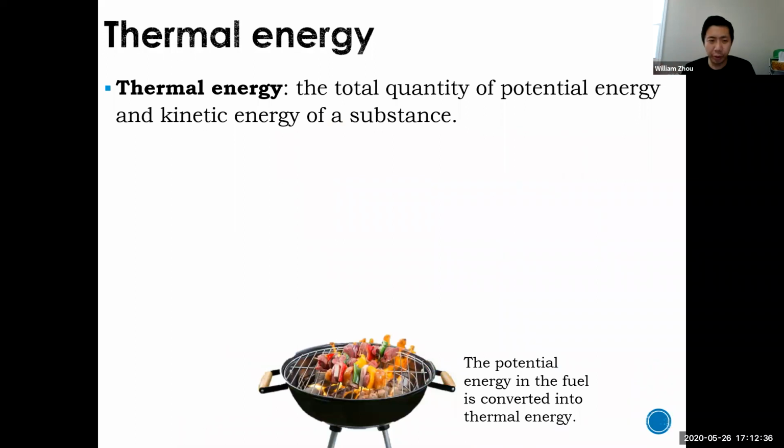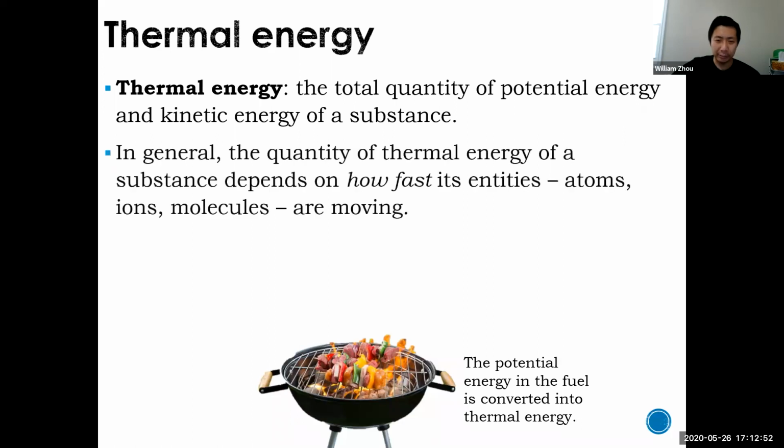Now, thermal energy is the total amount of potential energy and the kinetic energy of a substance. Okay, thermal energy is the sum of potential plus kinetic. So the quantity of thermal energy, how much of this you have, depends on how fast the entities are moving in the substance.